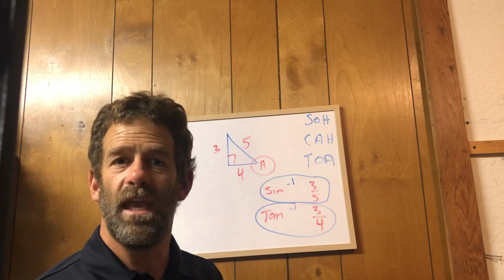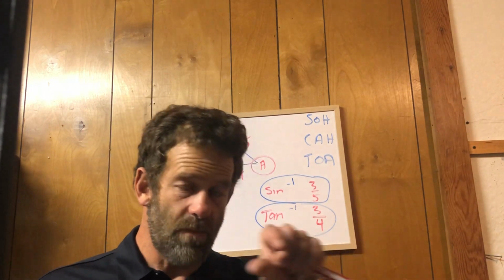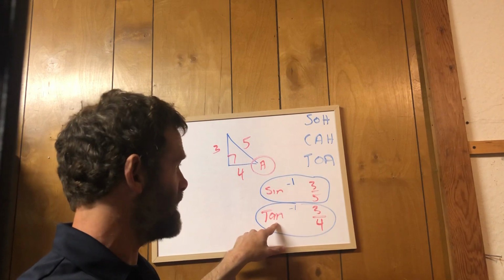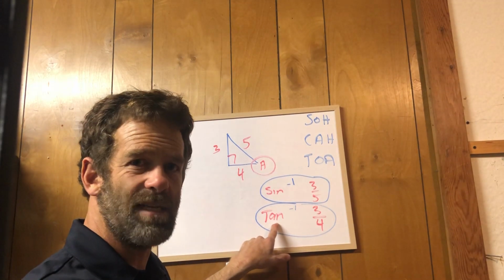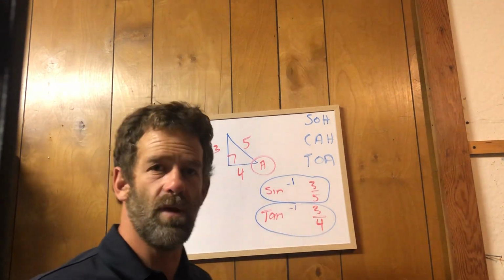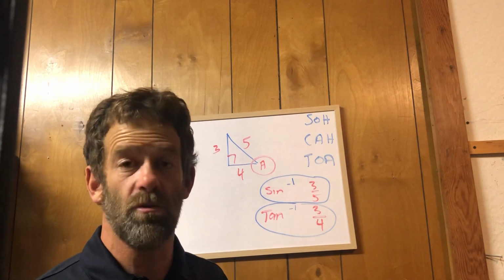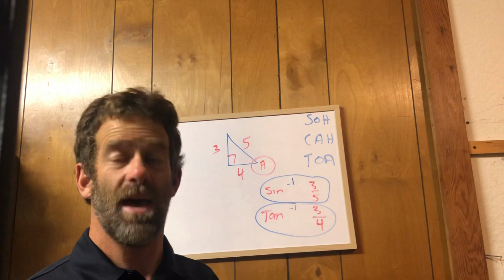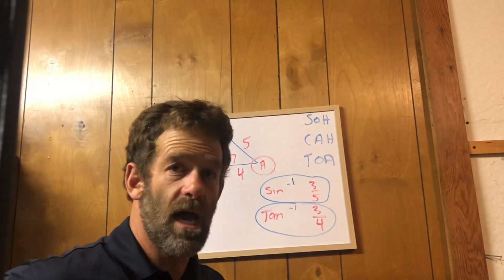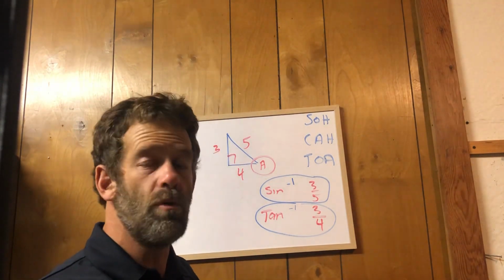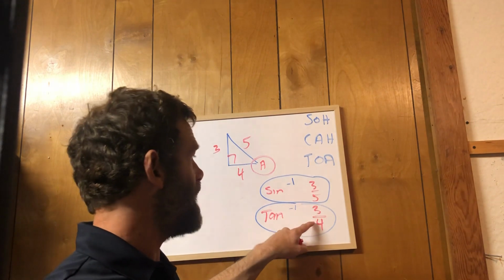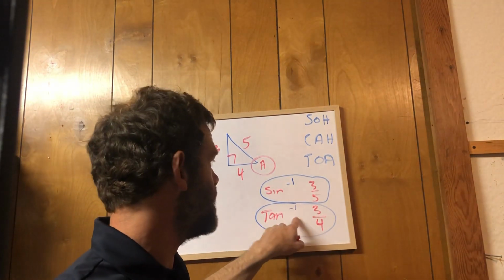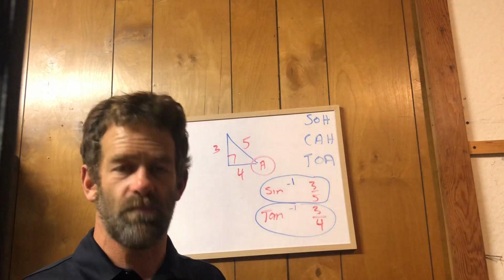If you have a calculator that displays all the numbers as you're typing, you just do second tangent, which brings tangent inverse up to the screen, 3 divided by 4, and press equals. You have to make sure it's in degrees as well. If you're using a basic calculator or an iPhone, you're going to have to do it backwards: 3 divided by 4, press equals, and then the second button, and then tangent inverse. Press it, and then it'll spit you out the angle.